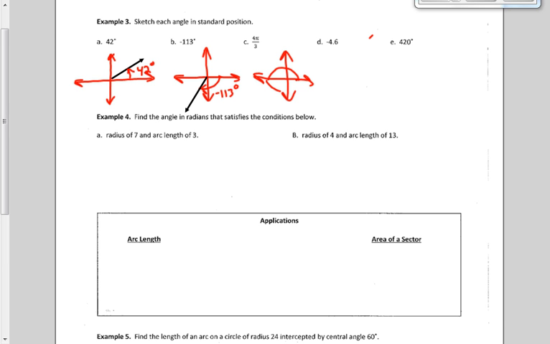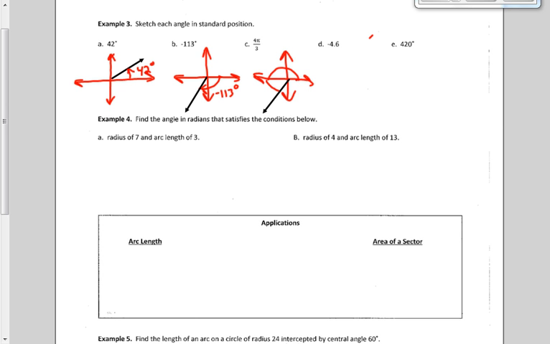And then I can draw this line in. So 180 is going to be 3 pi over 3. And I'm going to go 1 pi over 3 past that, or an extra 60 degrees past that. And this is going to be 4 pi over 3.